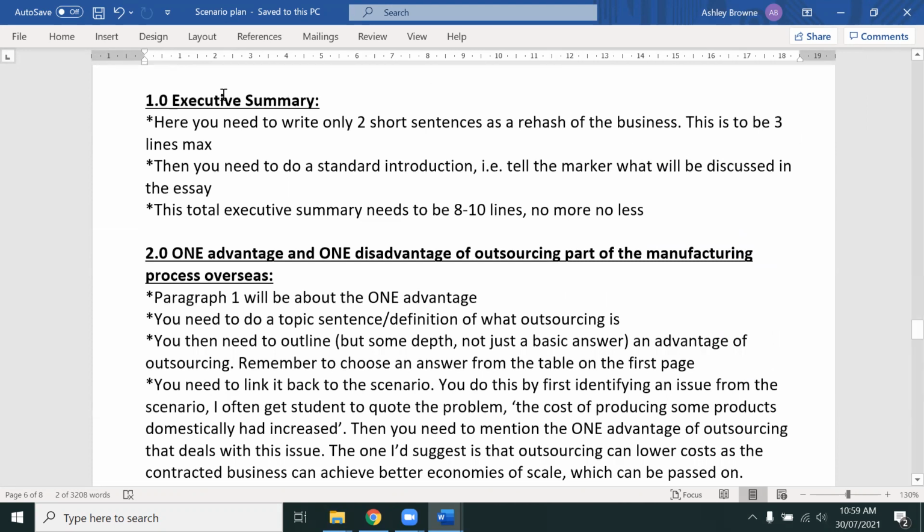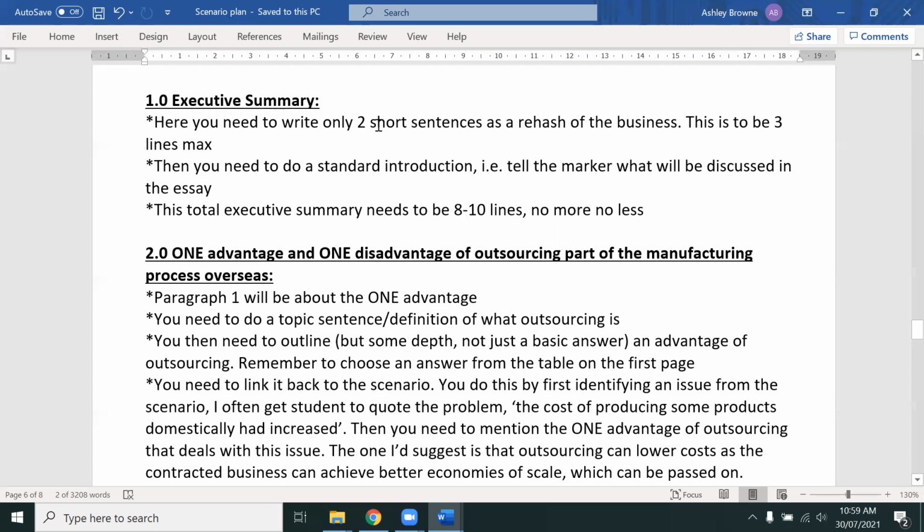Obviously you need to start with your executive summary. I want it numbered 1.0 executive summary. You must do an executive summary for a scenario. I'd also recommend always doing this, so you don't have to think which one's the introduction, which one's the executive summary. I've got kids who've got good band 6s always just using this as the top heading. It just keeps it simple.